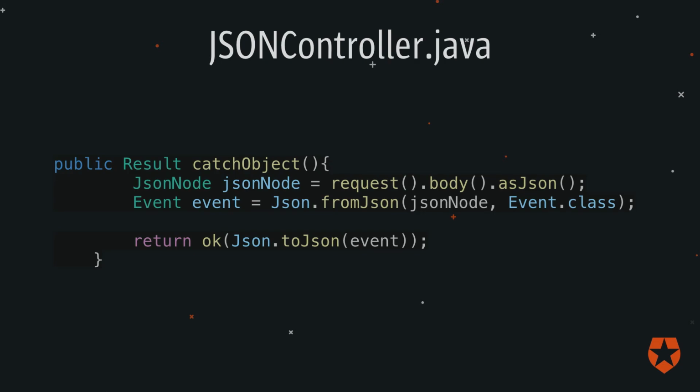So in this case, I will use a JsonNode object from the JSON library, and I will say that the body of my request is a JSON, and I need to add, when I consume the service, the header that the content type that I am sending is JSON. If not, this will not work. Then I can convert with the JSON library, using the method fromJson, that I will convert this JsonNode to that class that I want. And finally, we will return this same object to verify that we received the right thing.